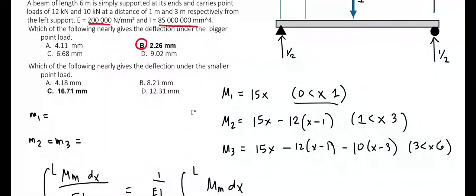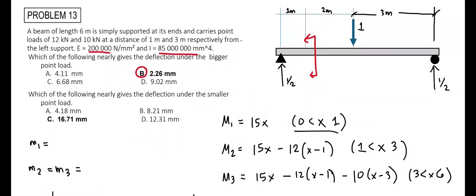Now the actual moment equation won't change, only the moment equation due to the unit load would change its value. So for the first moment equation, by cutting this section, considering the left segment, we have the 1/2 force reaction multiplied by moment distance of x, and this is only valid between 0 and 3 meters from the left support.